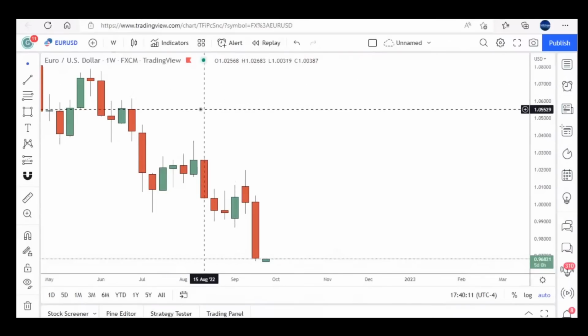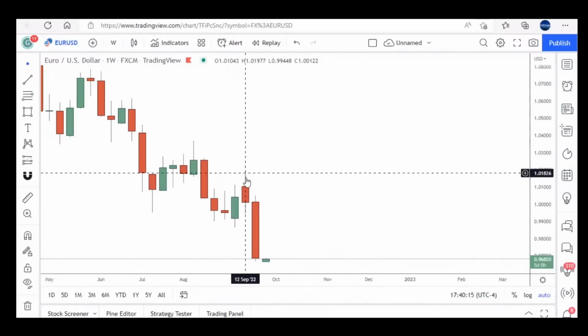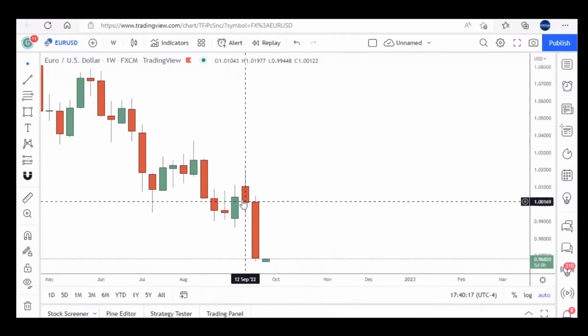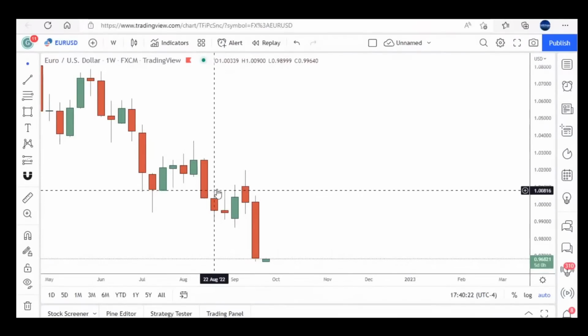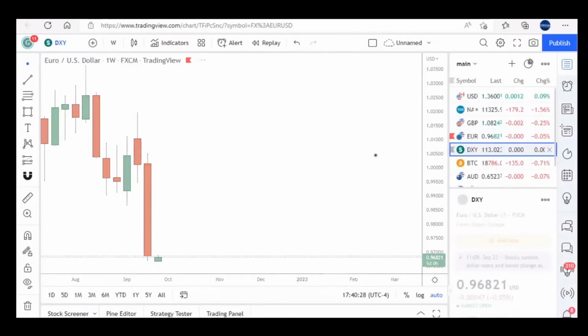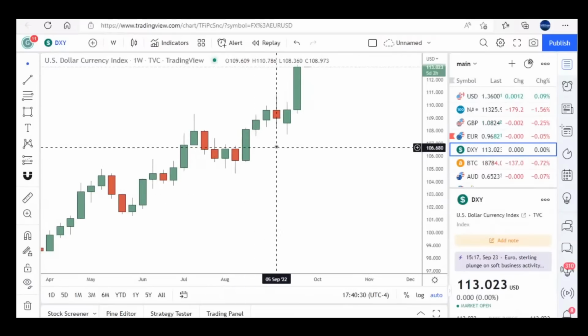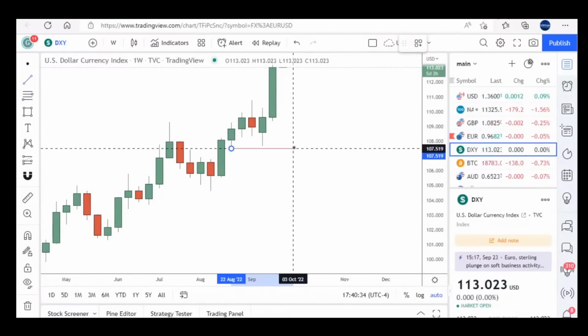So here's that same example on euro, the weekly. For this weekly candle of September 12th, when they hit the weekly order block and filled in the weekly fair value gap, when they made the higher high right here, if you were to go to your dollar index chart, you'll note that dollar never dipped into the fair value gap.